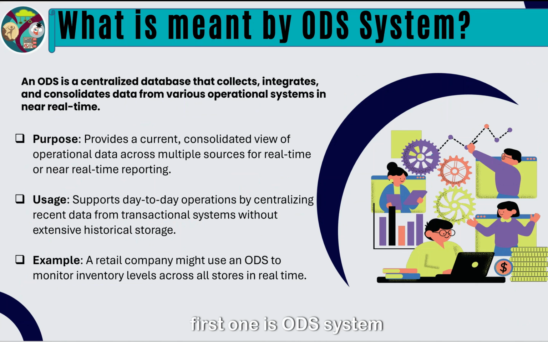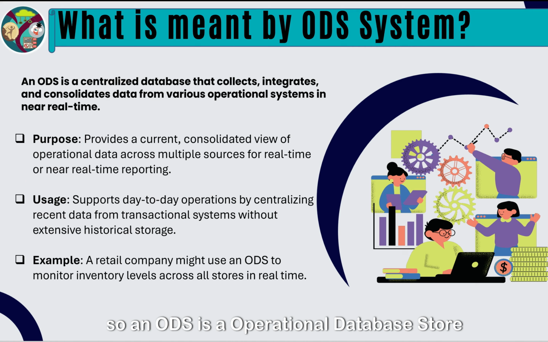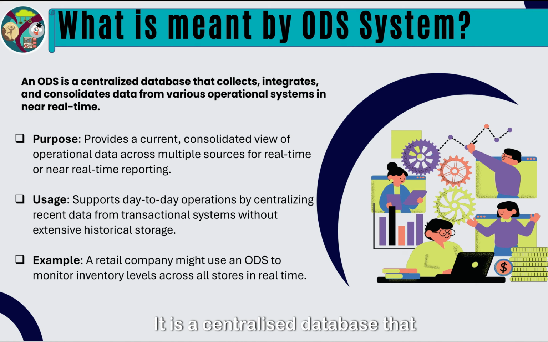First one is the ODS system. So what is meant by ODS? An ODS is an operational data store. It is a centralized database that collects, integrates and consolidates data from various operational systems in near real time. This ODS system comes under the category of OLTP databases.